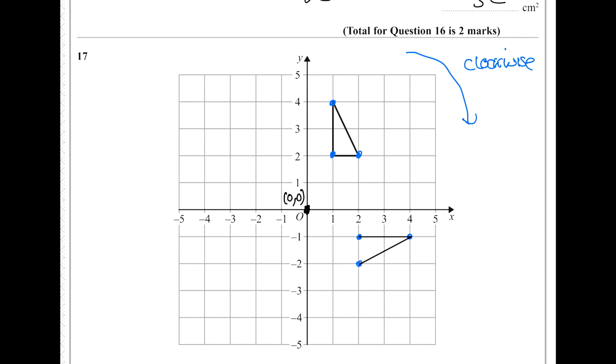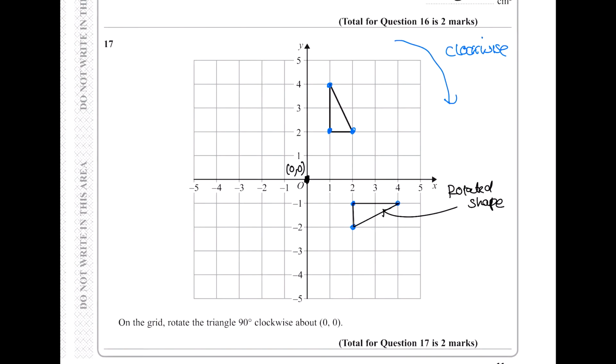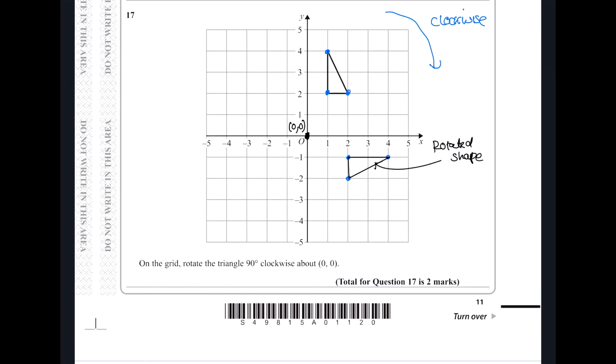So this is your rotated shape. Okay, there is another way of doing it without tracing paper, using the rotation matrix and then multiplying it by the vectors of the vertices of the shape. But again, this is beyond the scope of GCSE and in particular beyond the foundation, so I won't use that method.